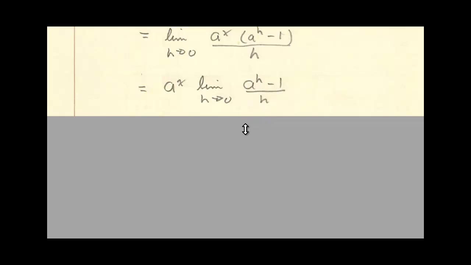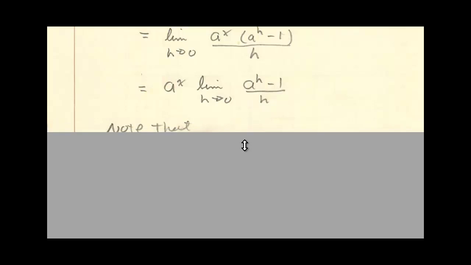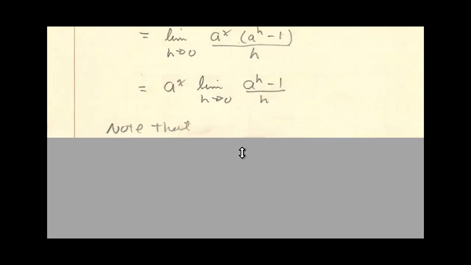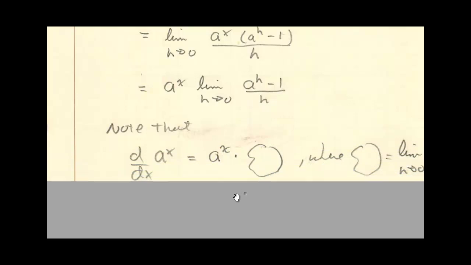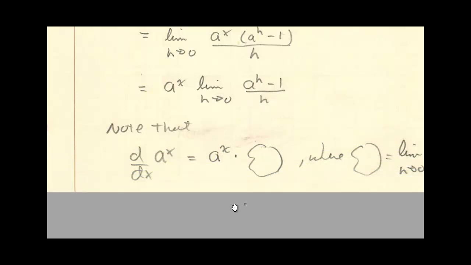This is not a formal proof again. This is just kind of a justification. You can look for a formal proof in advanced calculus. Okay, so what we take away from this process is the derivative of a to the x is a to the x times something, and the thing is whatever this limit happens to be.